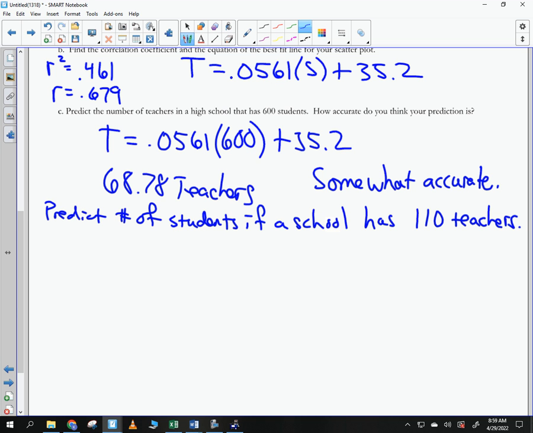So suppose instead of predicting the number of teachers, we want to predict the number of students. How do we solve this? Same way, but you put 110 in for T. So 110 is equal to 0.0561 times the number of students plus 35.2.